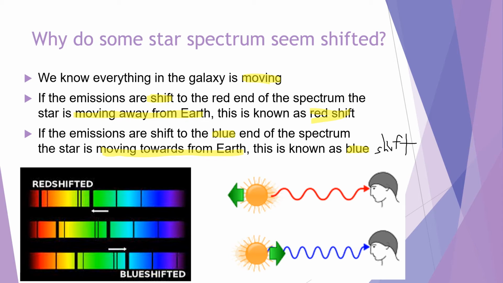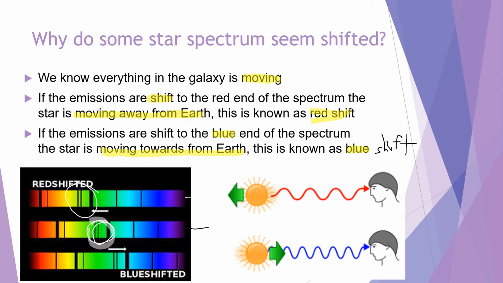Okay, so if we come down to see this example, if you look at this middle spectrum here, guys, you'll notice this guy right here, these absorption lines. If we look up to the top spectrum up here, you'll notice that those absorption lines have shifted to the left a little bit.